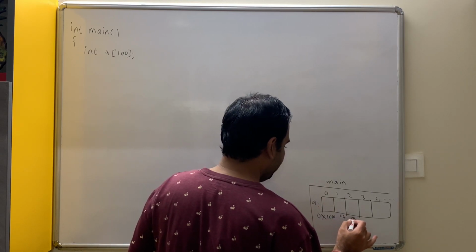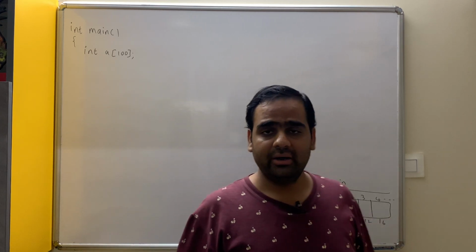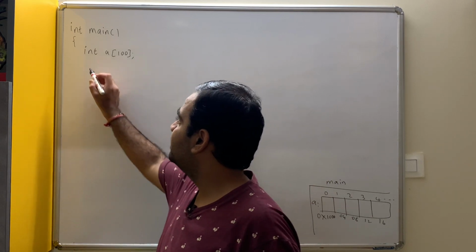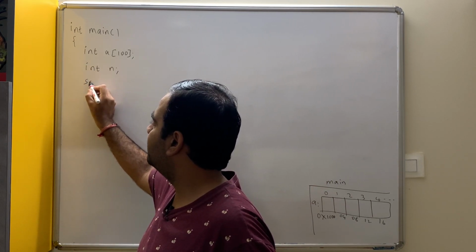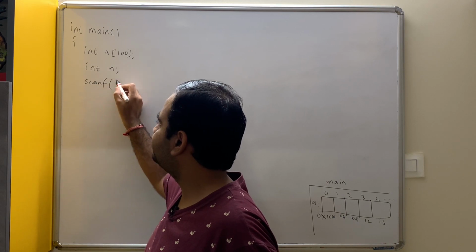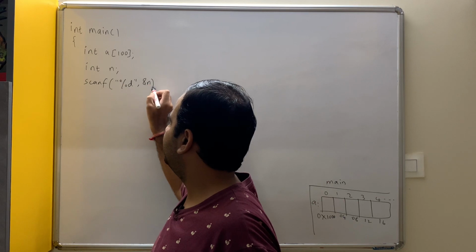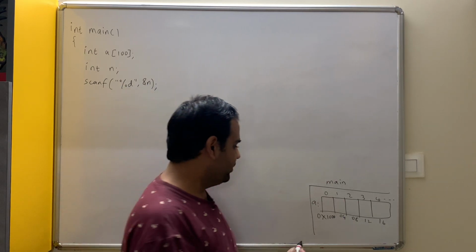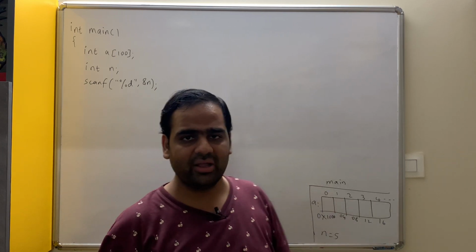This is 1004, 1008, 1012, 1016, and so on. And I have to read n array elements. Again I write int n, read the value of n, scanf %d ampersand n, and let the value of n be say 5. I want to read 5 array elements.